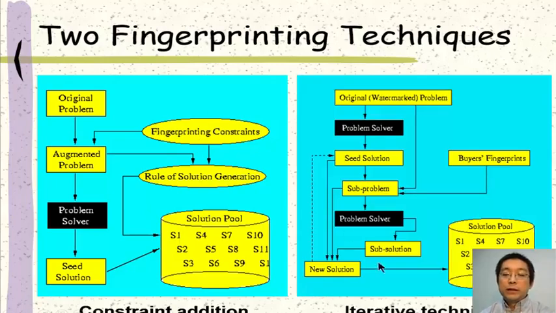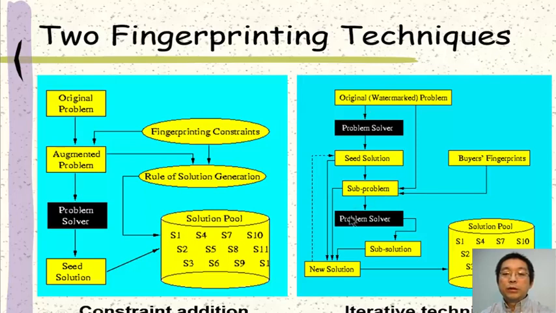The second technique is called iterative approach. In this approach, we start from the original problem, which might be watermarked to reflect the designer's signature. We solve the problem to find a seed solution. And then to generate fingerprinted copies, we take the user or the buyer's fingerprint and then combine with the original problem and the seed solution to first construct a sub-problem, which is a small portion of the original problem.